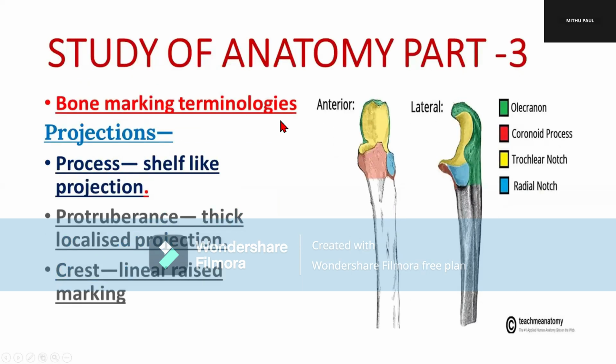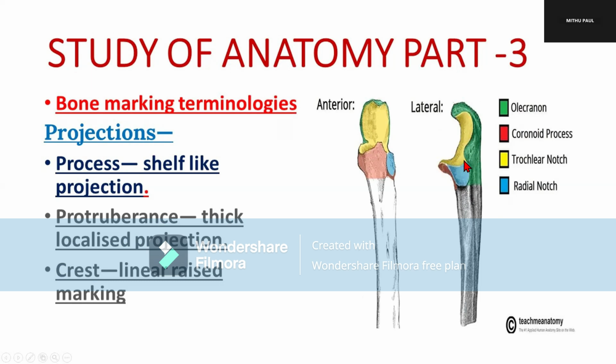Now, among the bony marking terminologies under the heading of projections, we will get processes, protuberance, and crest. The term process is a shelf-like projection from the surface of the bone, such as in the ulna. One elevation, as if the bone at the upper part is being pulled up and above, and one in front.